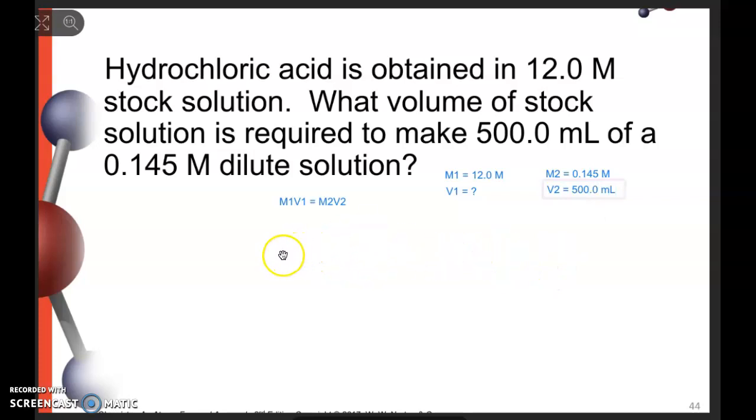So if I set that up into my equation, 12.0 molar multiplied by V1 is equal to 0.145 molar multiplied by 500.0 milliliters. If I set up my algebra, I'm going to want to divide each side by 12.0 molar.